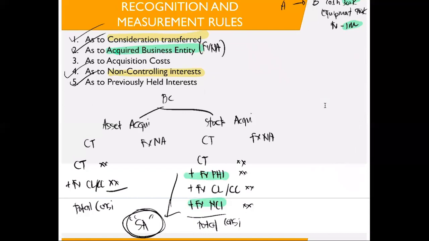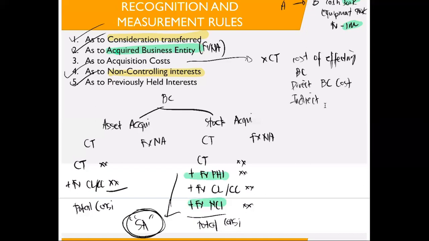Now we go to the last item of your recognition and measurement rule. These are your acquisition costs. Okay, so what are acquisition costs? So this is not considered your consideration transferred, but it is your cost of effecting business combination. So this is composed of your direct business combination costs or direct costs.